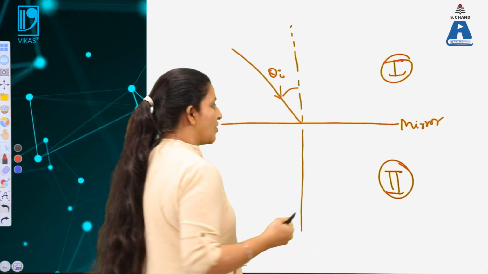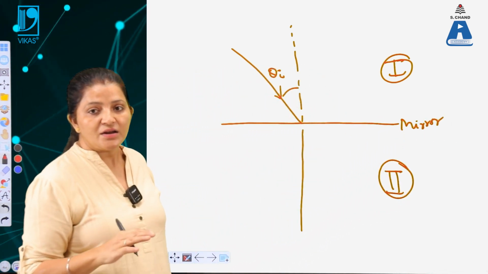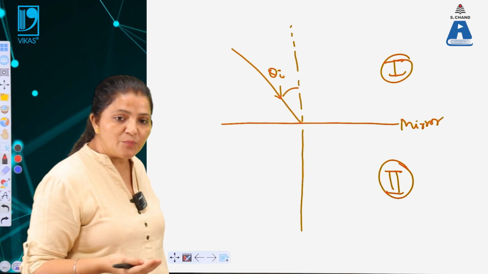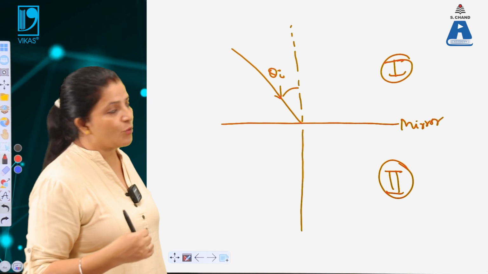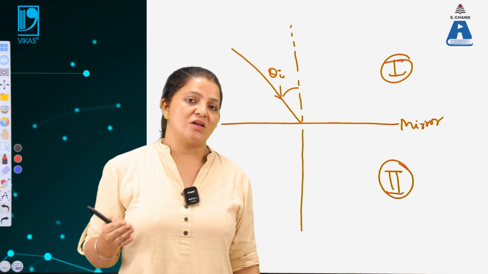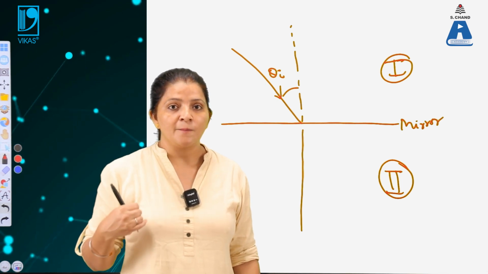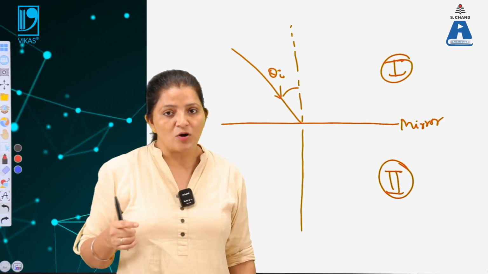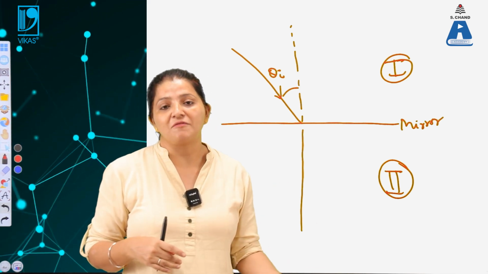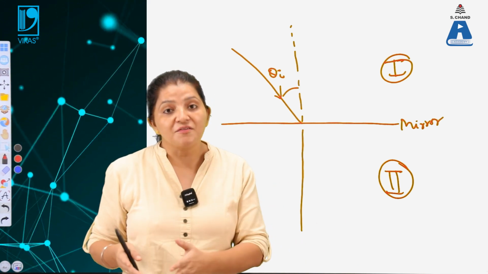The surface of the mirror from both sides is not fully polished. That means it must be semi-polished so that some portion of the light can be reflected and some portion of the light can be refracted. If one surface is fully polished, then either the light is properly reflected or properly refracted.